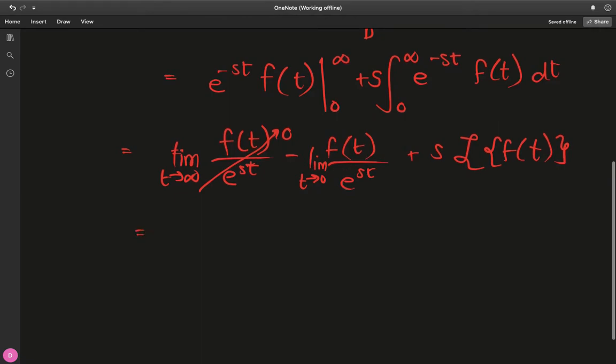And as t tends to 0, e raised to 0 is 1, so this goes to 1, and we can assume for now in this proof that the limit as t goes to 0 of f of t is 0. Let's just assume that. So all of this will go to 0, and we just end up with s times the Laplace transform of f of t.